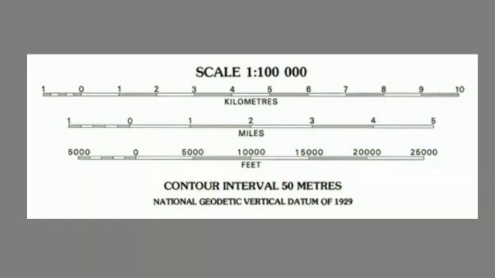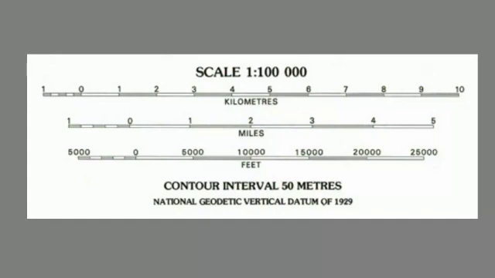The definition of a scale is: a scale on a map is the ratio of distance between the place on the map and its corresponding distance on the ground. The scale of a map helps us to calculate the distance.